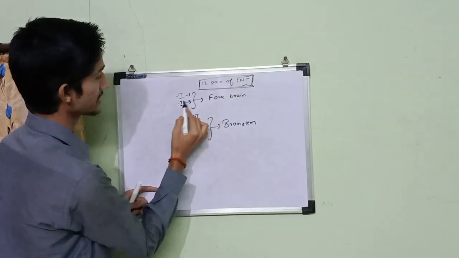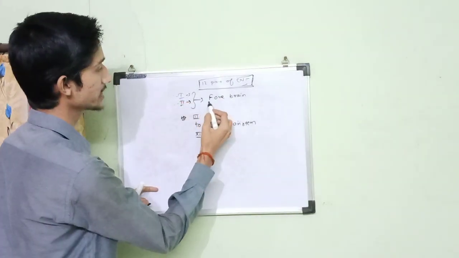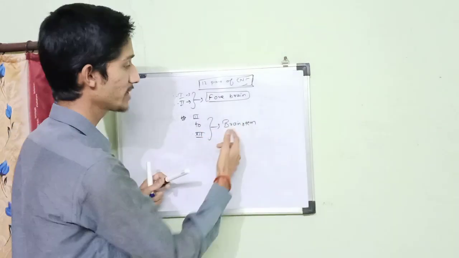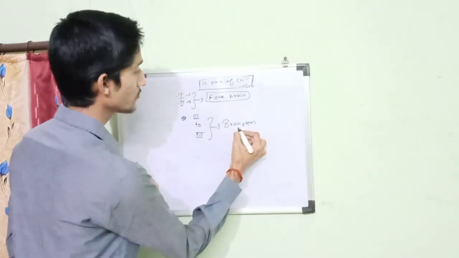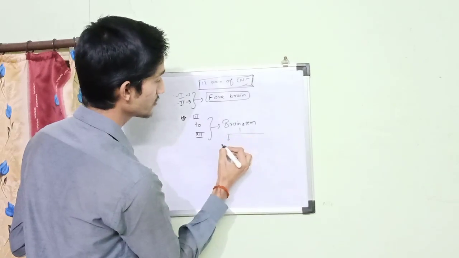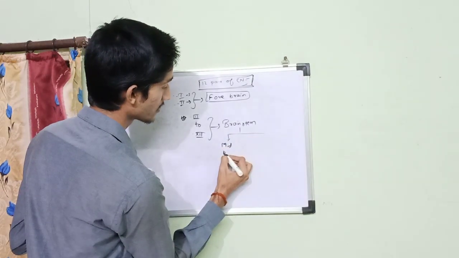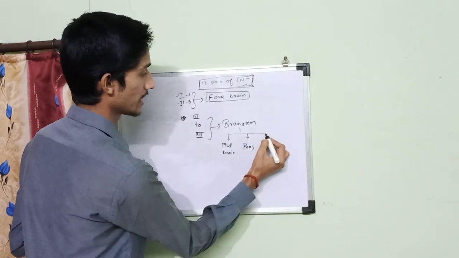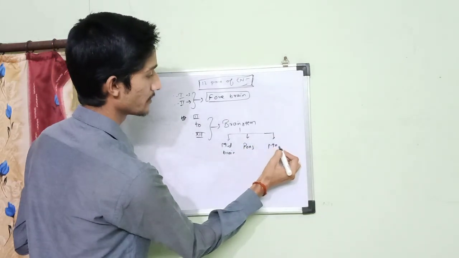So the first and second cranial nerves, that is olfactory and optic, arise from forebrain, and 3rd to 12th pair of cranial nerve arise from the brain stem. This brain stem includes our midbrain, our pons, and the medulla oblongata.